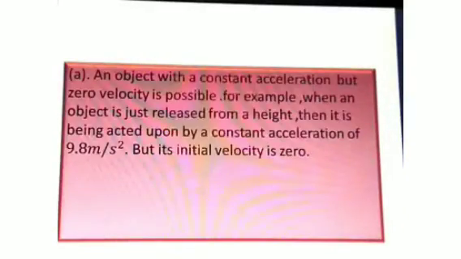Answer. First question answer: an object with constant acceleration but zero velocity is possible. For example, when an object is just released from a height, then it is being acted upon by a constant acceleration of 9.8 meter per second square, but its initial velocity is equal to 0.